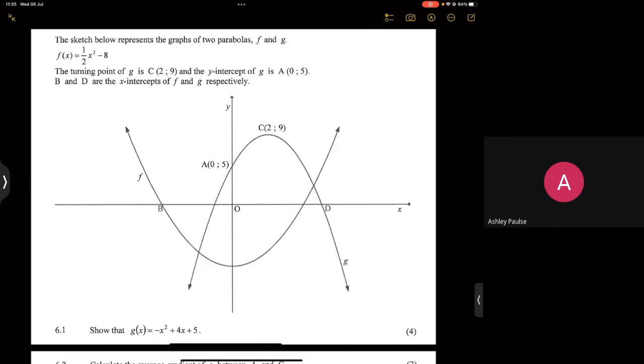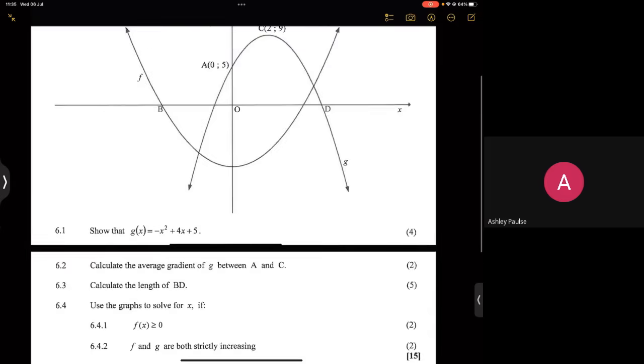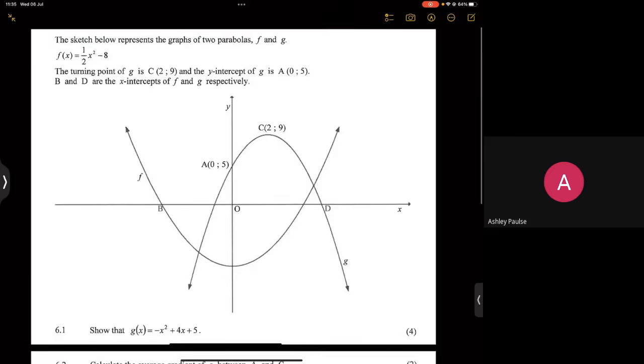Right. So in this case, we are looking at composite functions. So this is where we are given two functions in one set of axes. Right. So they say to us the sketch below represents the graphs of two parabolas, f and g.